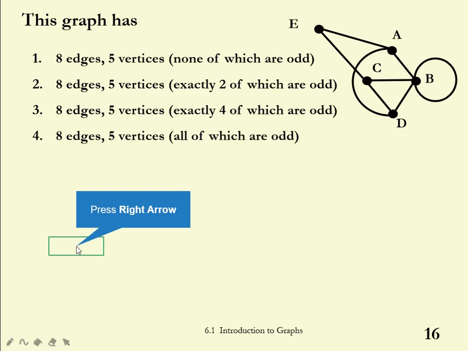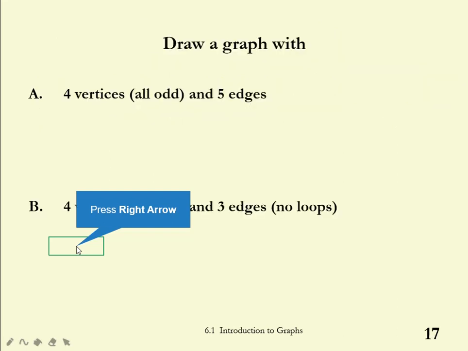Do this. Do this also. This graph has 8 edges and 5 vertices. Here, what is the correct answer? Alright, perform this. You must be ready in the next class. Okay, now you draw the graph.